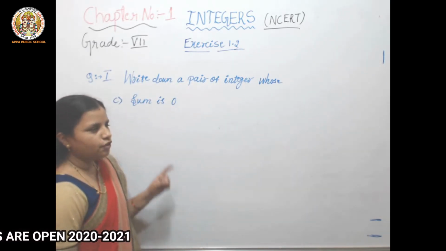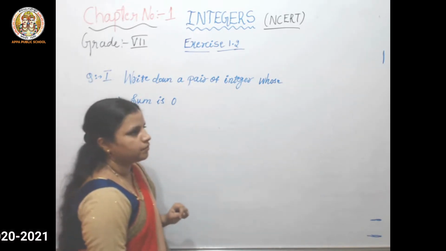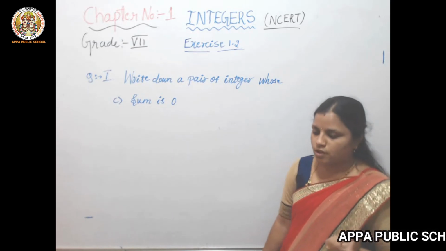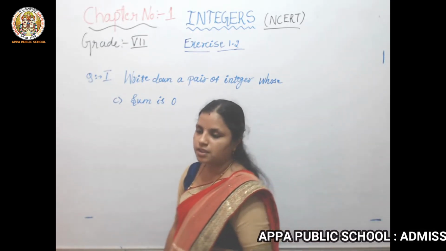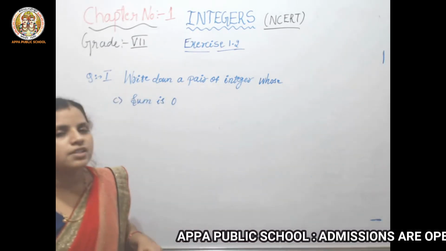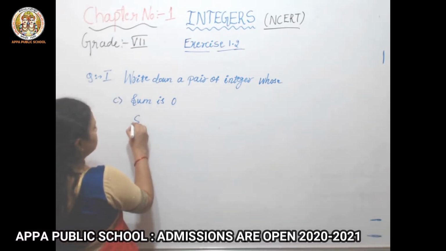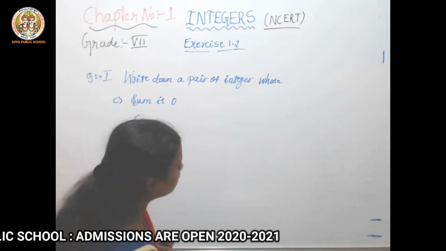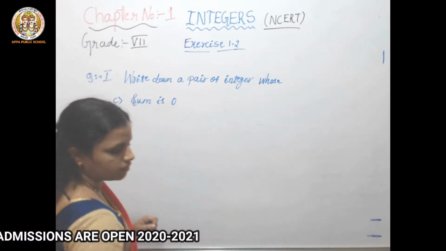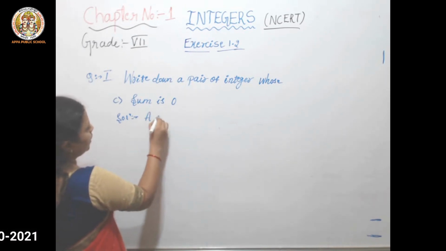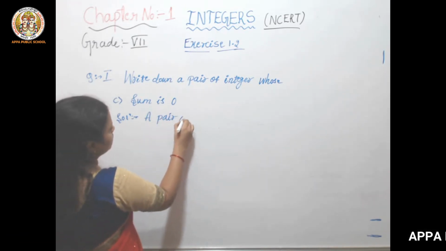For getting 0 as a sum, you should take one number positive and the other negative, the inverse of that number. First you should write a pair of integers as the solution.